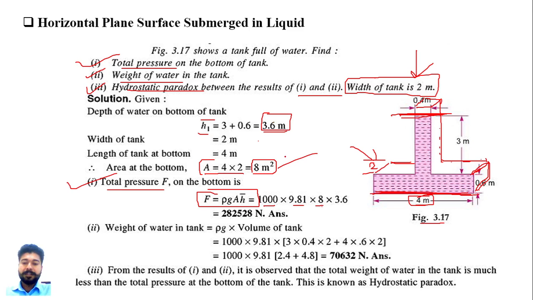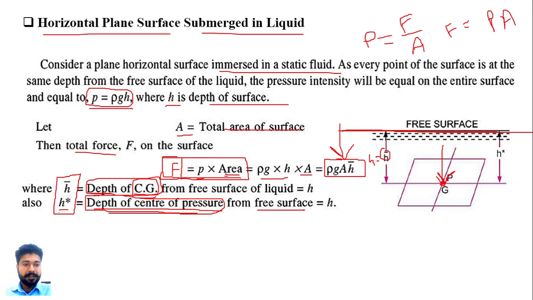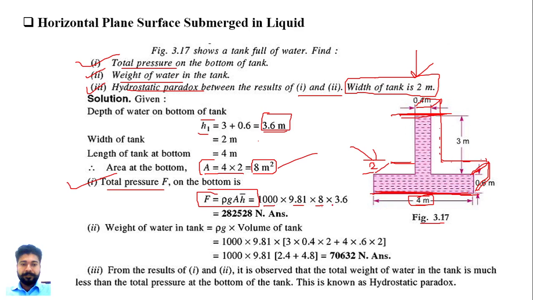As we already discussed, h bar is the depth of the CG, the center of gravity of the plane surface, from the free surface. So here it is 3.6. Simply multiply all the values and you get the answer, 2825 newtons, which is the total pressure force at the bottom surface.